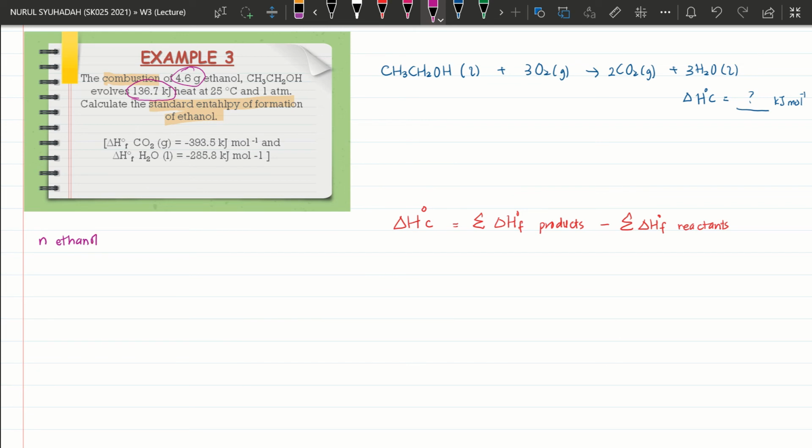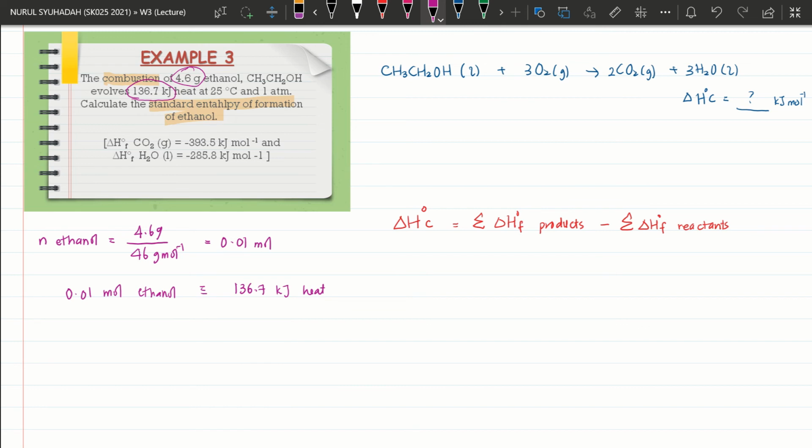So the number of mole of ethanol from this reaction is 4.6 gram over its molar mass 46 gram per mole. So we have 0.1 mole of ethanol. Okay, so do the stoichiometry, meaning the energy 136.7 kilojoule evolved is when 0.1 mole of ethanol is burned. So if 0.1 mole ethanol is burned, it will release 136.7 kilojoule of heat. Okay, so I just put as heat here.